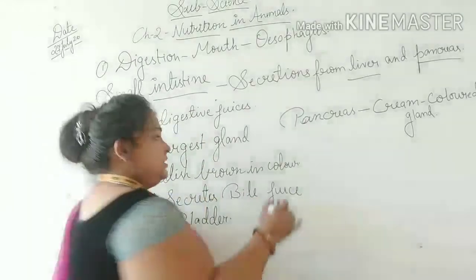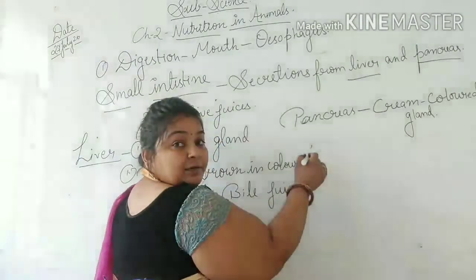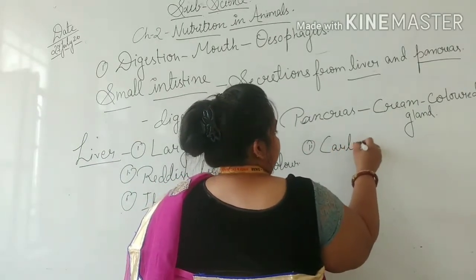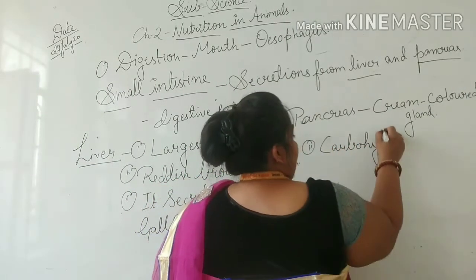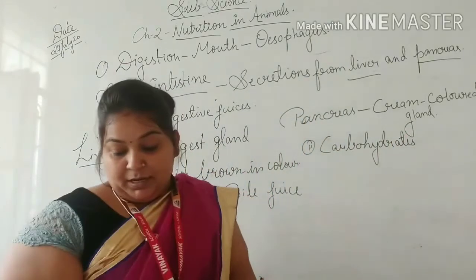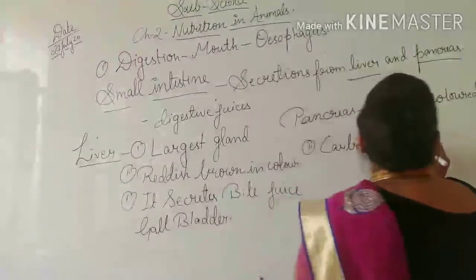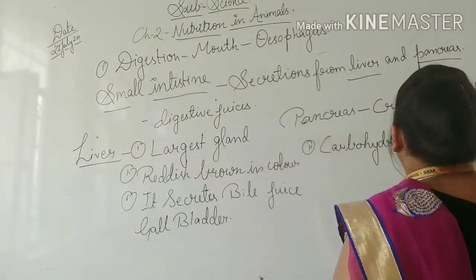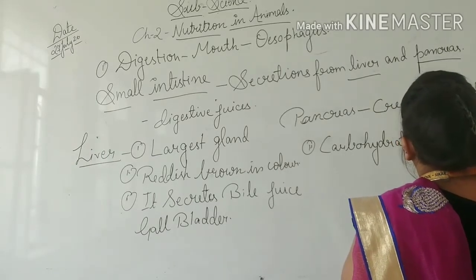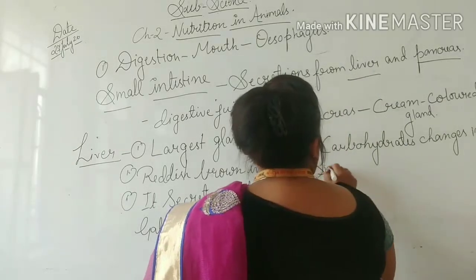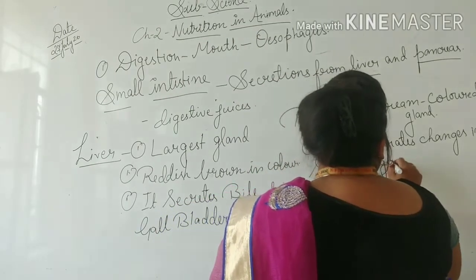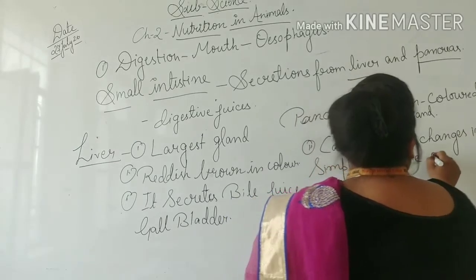Number one, carbohydrates. Carbohydrates change into simple sugar, that is glucose. Clear?